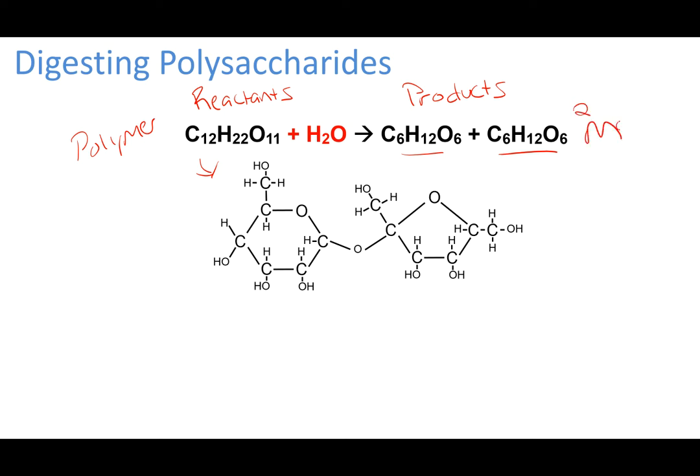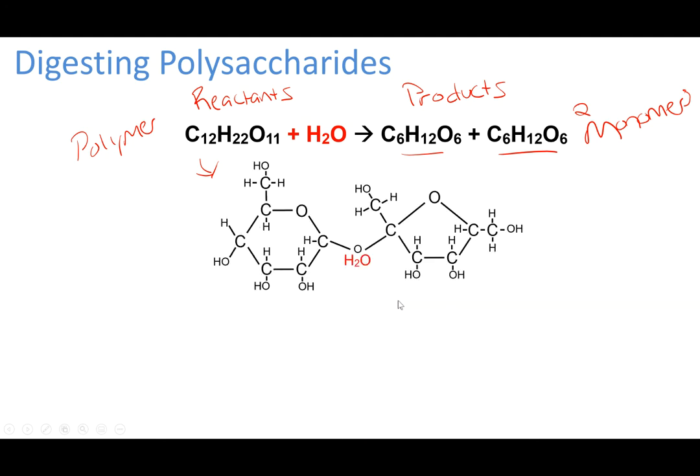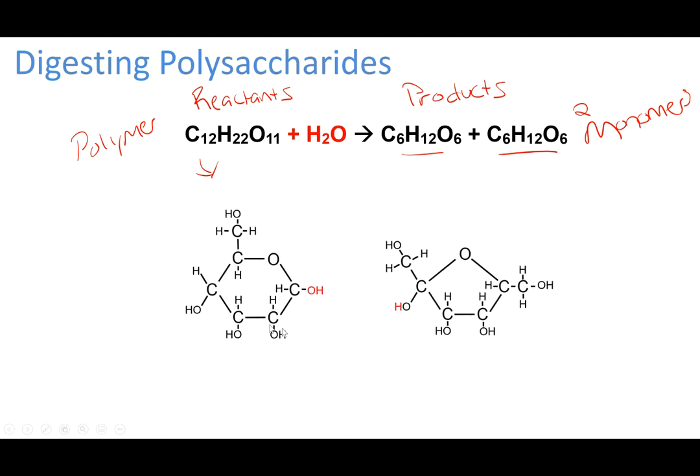Well, two monomers. Right? We're going to add that water molecule back in, and it's going to split those molecules apart. I did that too fast. So we're going to add the water molecule back in, right? And it's going to cause those bonds to break back into our two monomers. So it's the exact same reaction as before, but backwards.